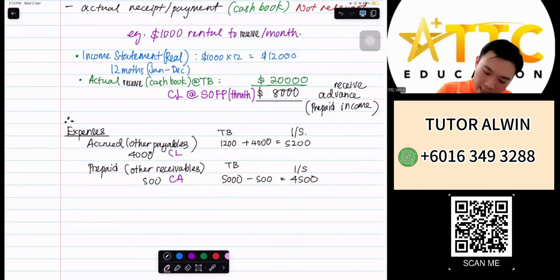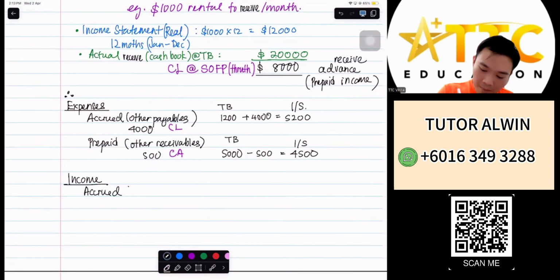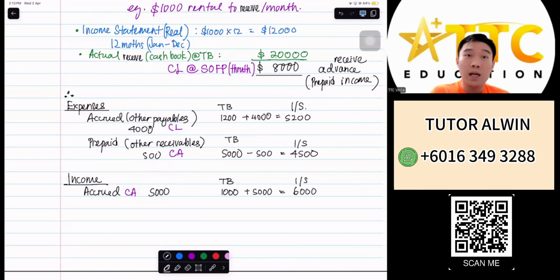Now, for income wise, if it is an accrued income, we will write it as accrued income in our SOFP. Accrued income will be our current asset. Let's say an accrued income of 5,000, meaning our trial balance might show 1,000, but there's an accrued income of 5,000, so we need to add 5,000, and our income statement will show 6,000 as the real amount.